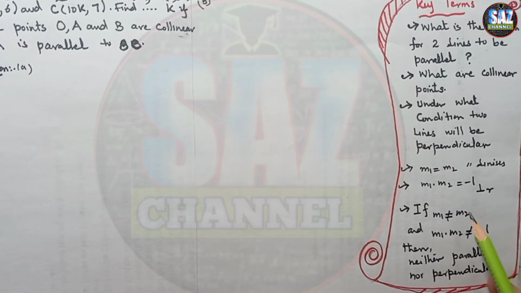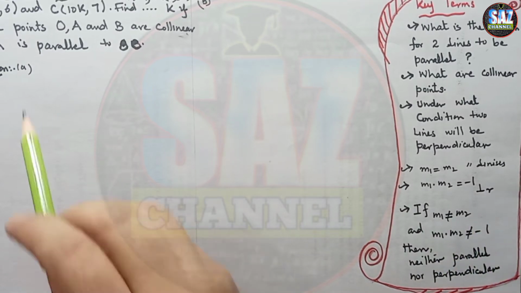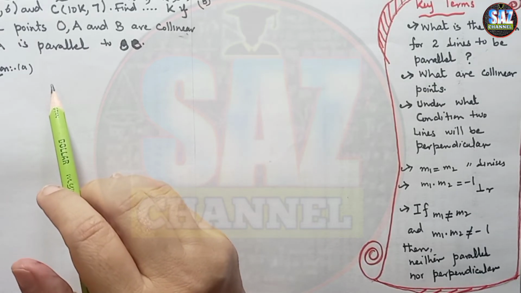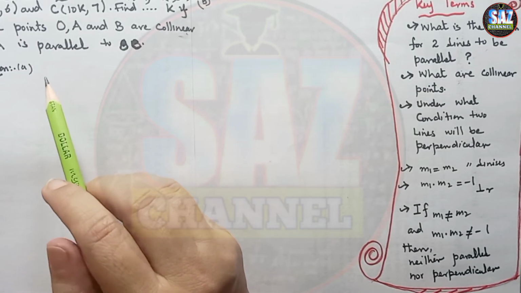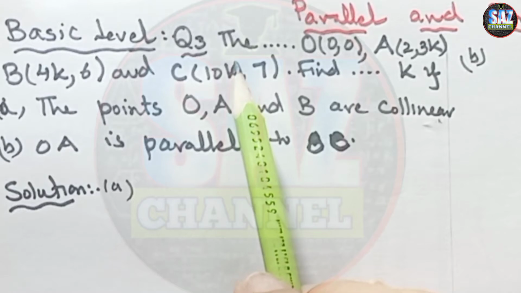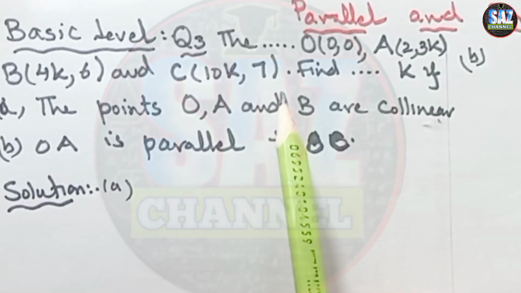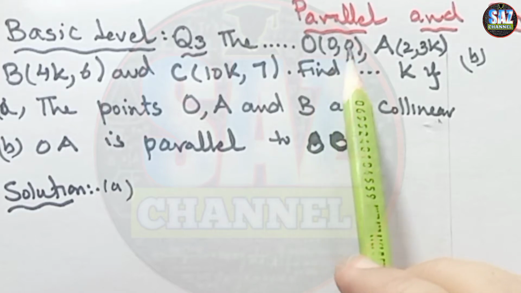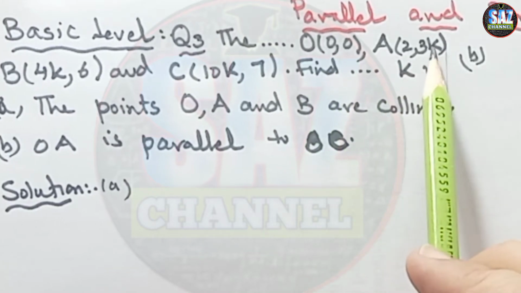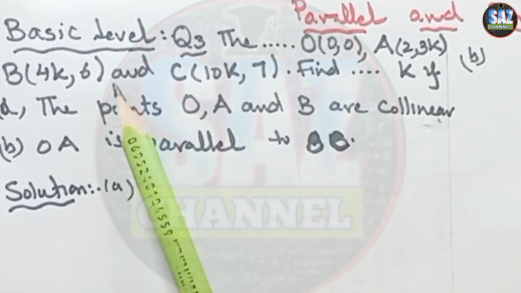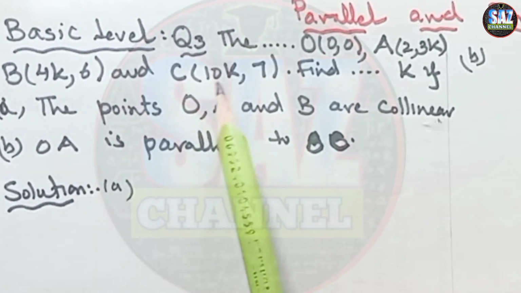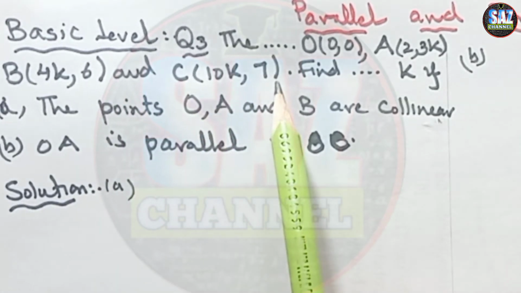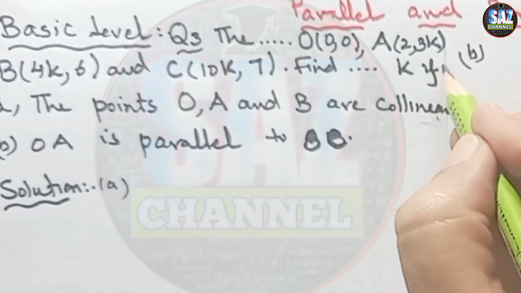In this class, we will discuss basic level question number 3, and let me read and confirm the question from the book. Question 3 says the coordinates of 4 points are O(0, 0), A(2, 3k), B(4k, 6), and C has the coordinates (10k, 7).